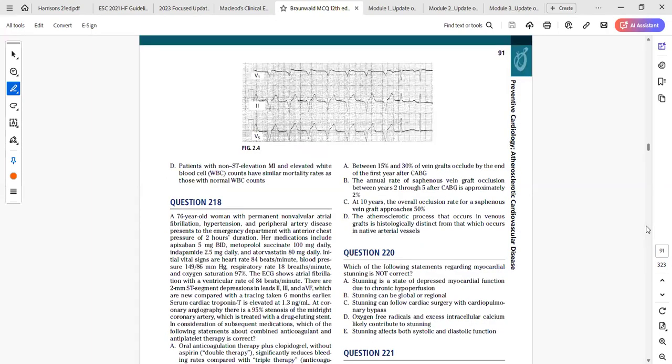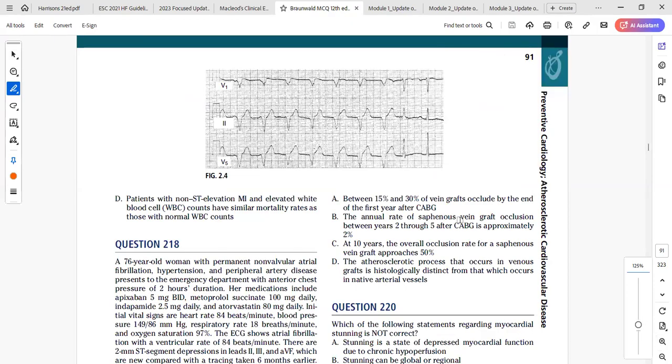So I don't know if you can scroll. Okay, so looking at this ECG, there's no rhythm strip, but looking at V1, you see that there's an initial P wave at the first QRS complex with a widened QRS complex.